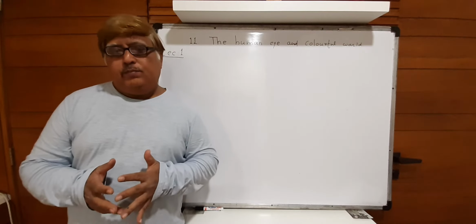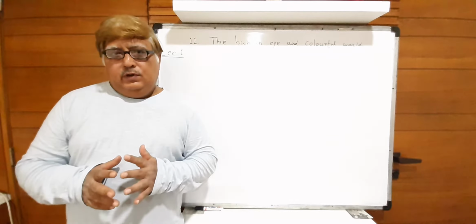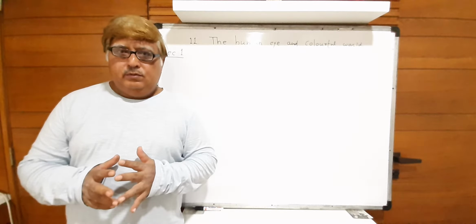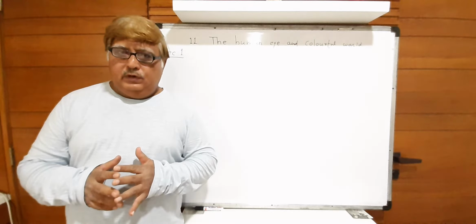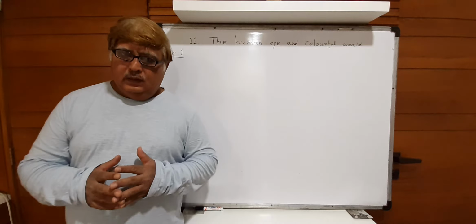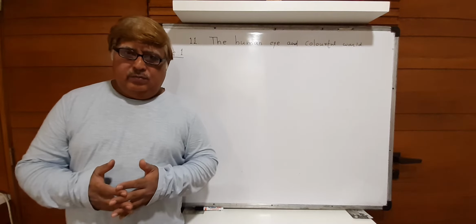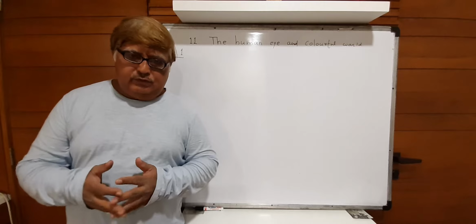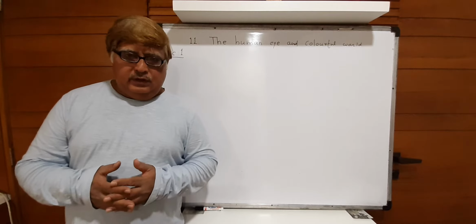So here in chapter 11, we will discuss refraction of light through a prism, then related phenomena like the rainbow, which we see generally in the rainy season.